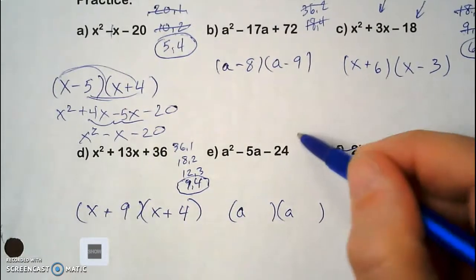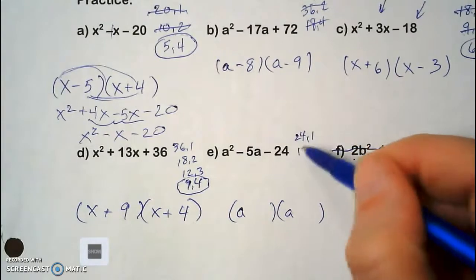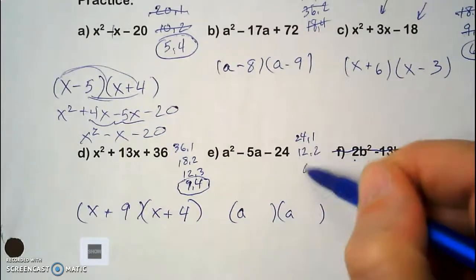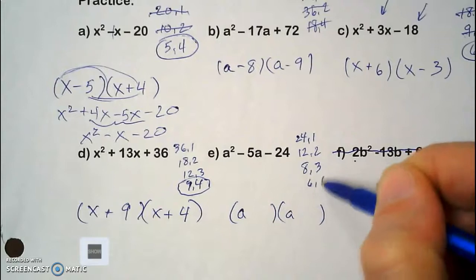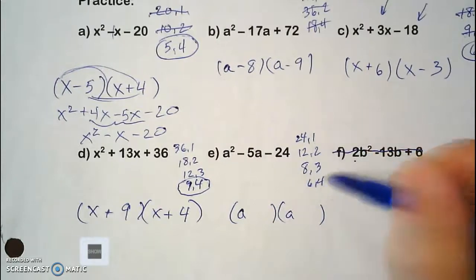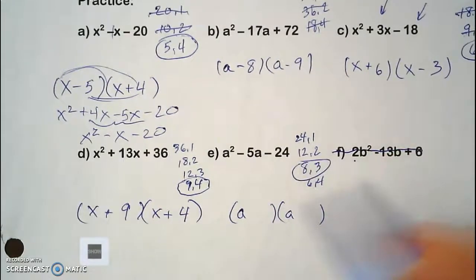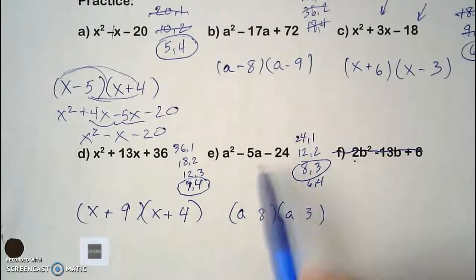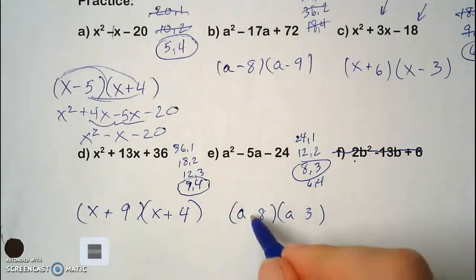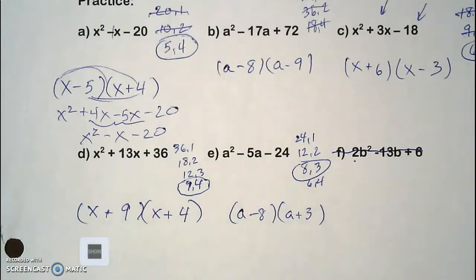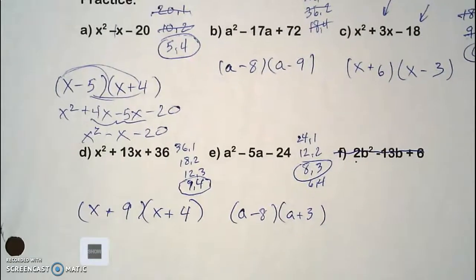Last one, factors of 24. 24 and 1, 12 times 2, 8 times 3, 6 times 4. Which of these could add to 5? The 8 and the 3. Now they're adding to negative 5. That means the 8 has to be negative and the 3 has to be positive.